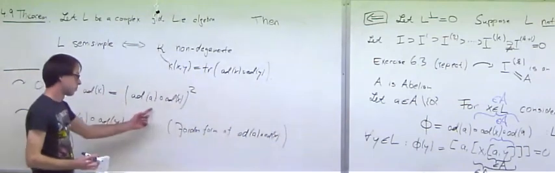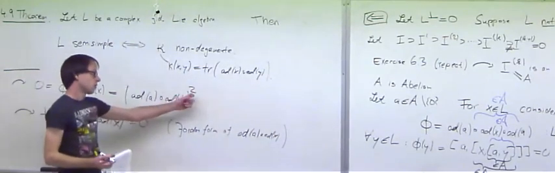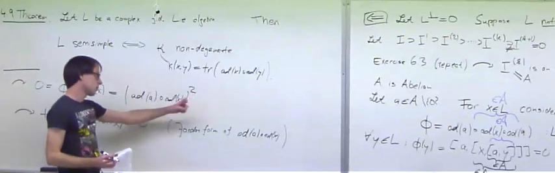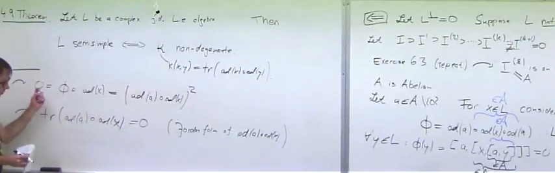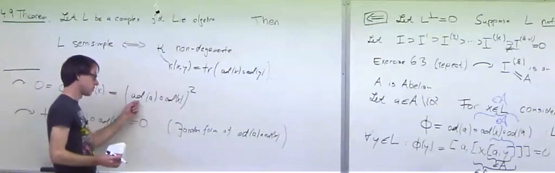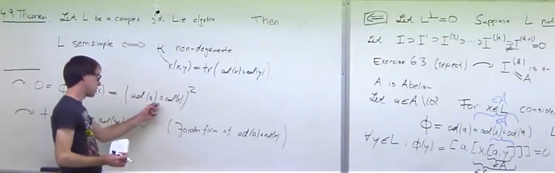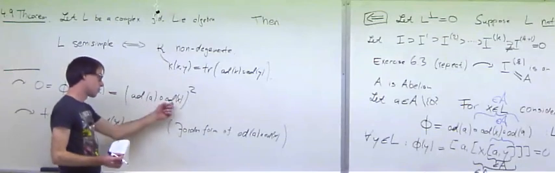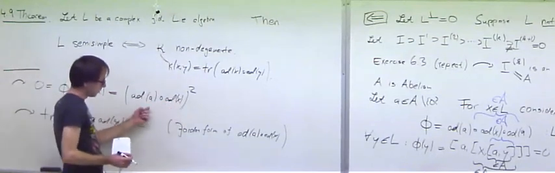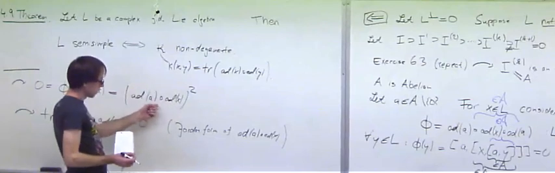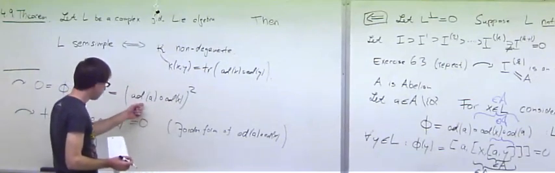So this composition has the property that if I take the square, I get the 0 map. So in particular, this composition is nilpotent. So all the eigenvalues must be 0. If there was a non-zero eigenvalue, then the map couldn't be nilpotent.